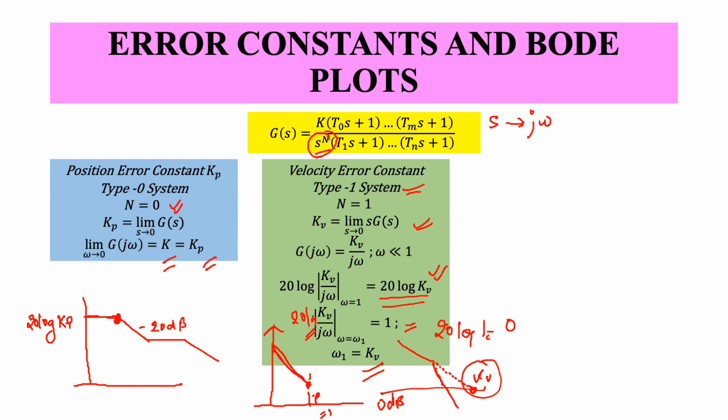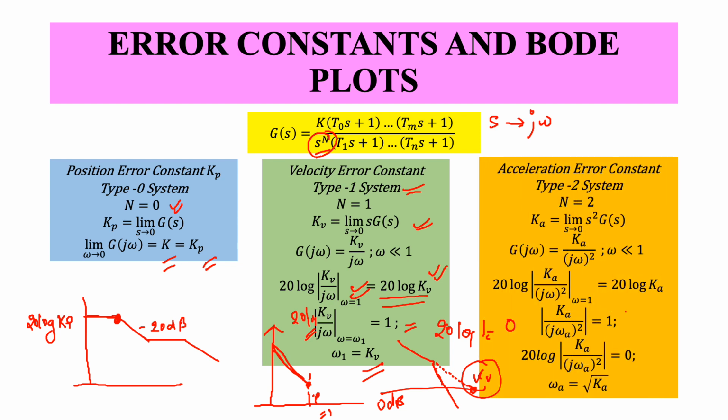So I can do it two ways: find the magnitude at omega equals 1 to get my Kv value, or find the frequency at which the magnitude of Kv by j omega equals 1. Then I can get the value of Kv. So there are two ways, and the frequency at which this happens is my Kv. Then this would be straightforward to visualize.